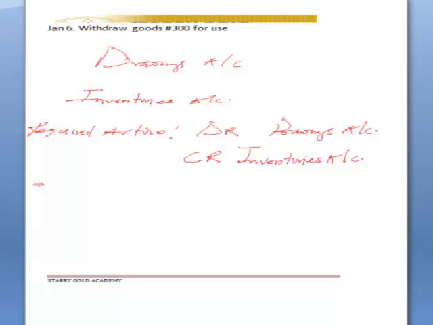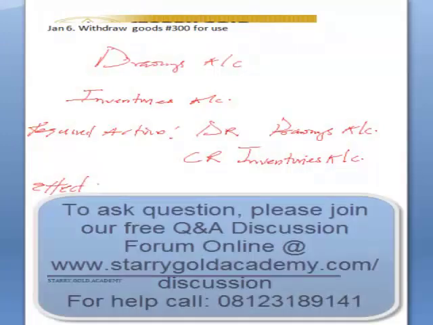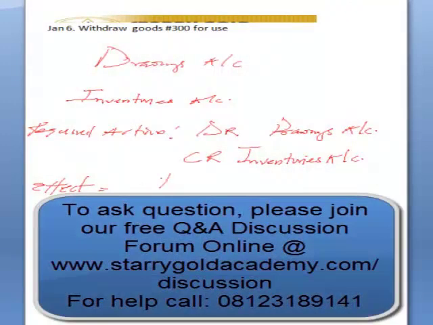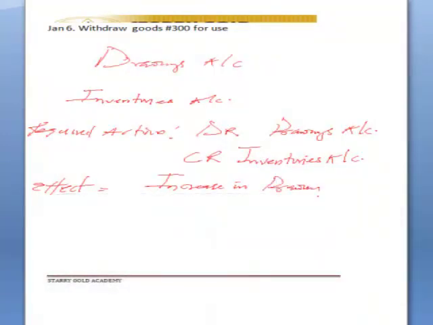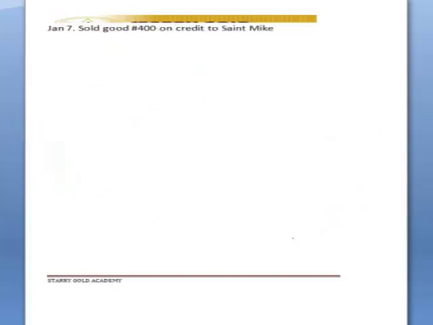So what will be the effect? Here also there is increase in drawings, and there is decrease in inventories. Okay.